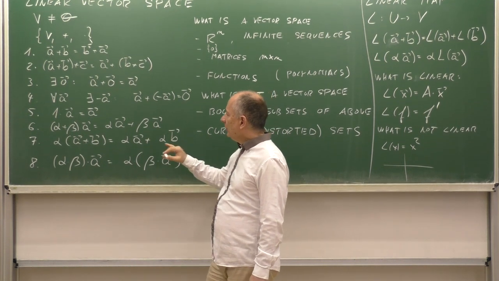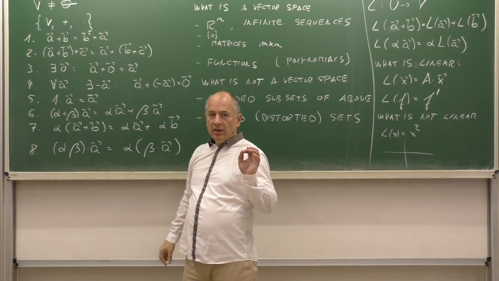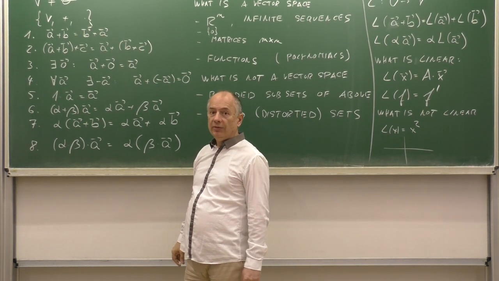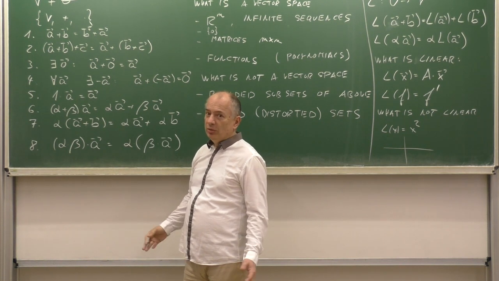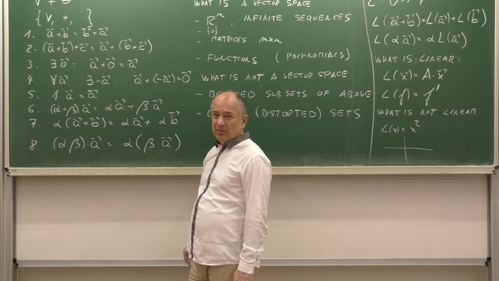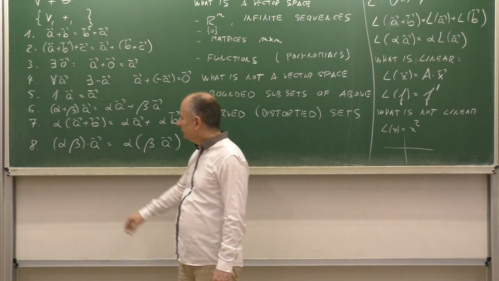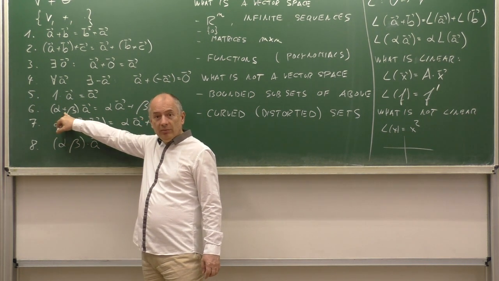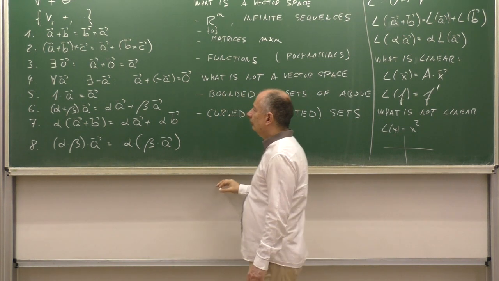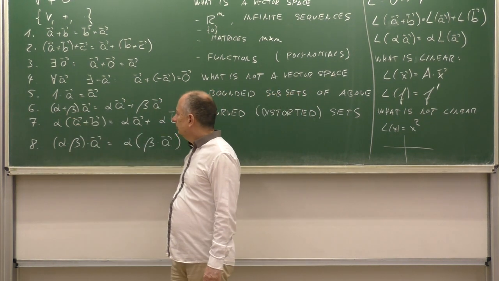In this line, observe that this plus and this plus have different meaning even if we use the same graphical symbol, which we shouldn't actually. This is addition of real numbers, but this is addition of vectors. This is called distributive law.